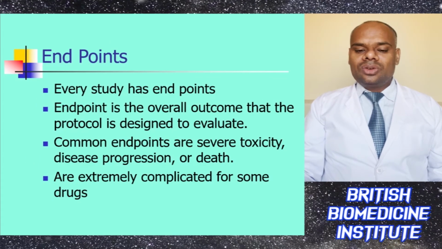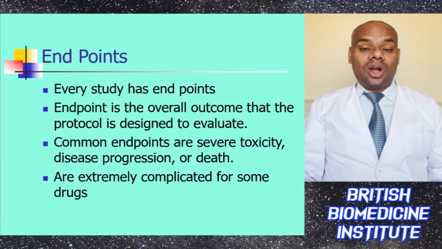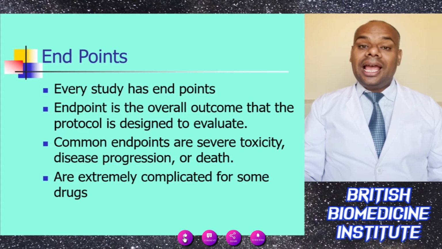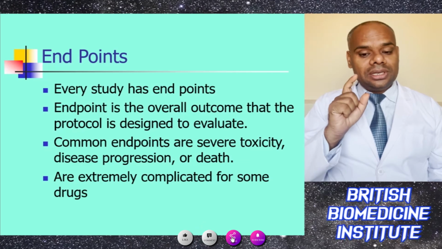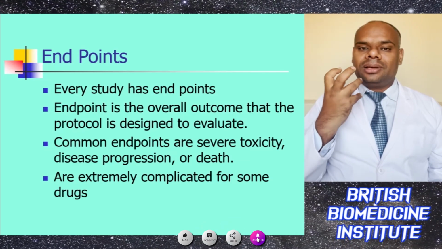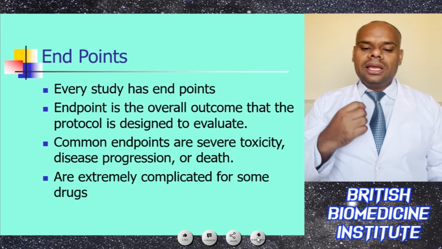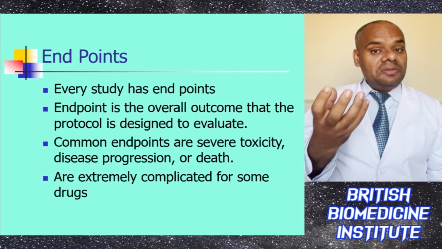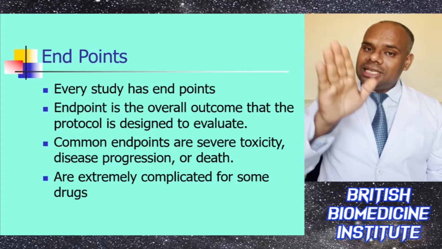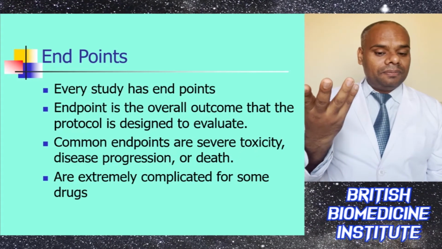Endpoint. Every study has its own endpoints, and endpoints are the overall outcome of the protocol which has been designed to evaluate the primary or secondary objective. The common endpoints of trials are severe toxicity, disease progression or death.